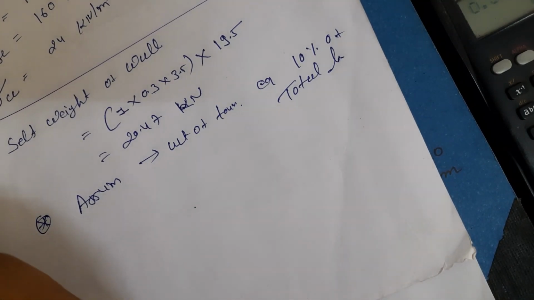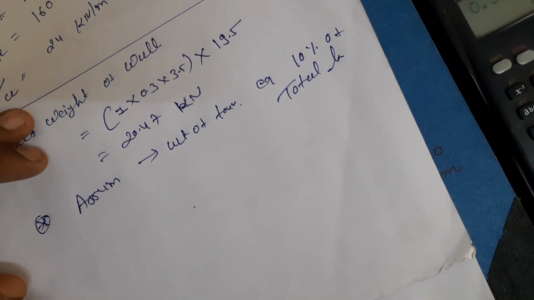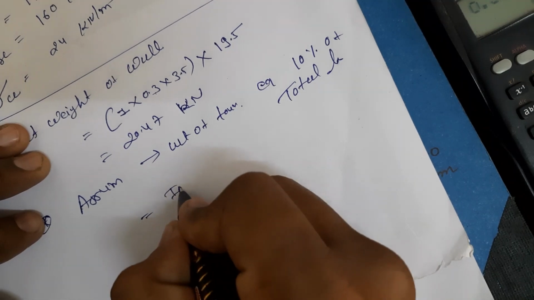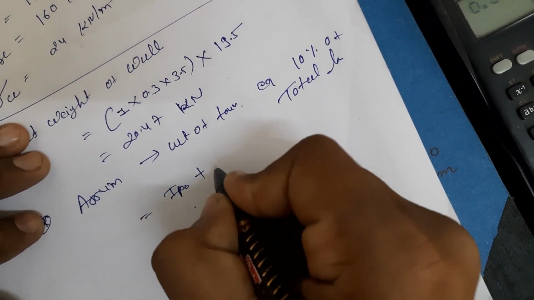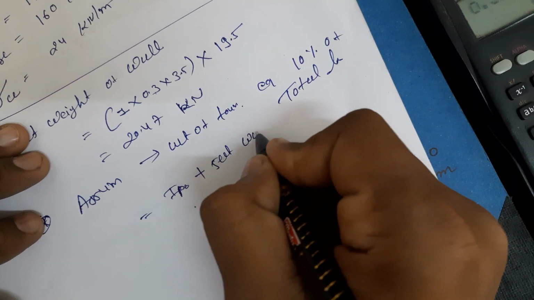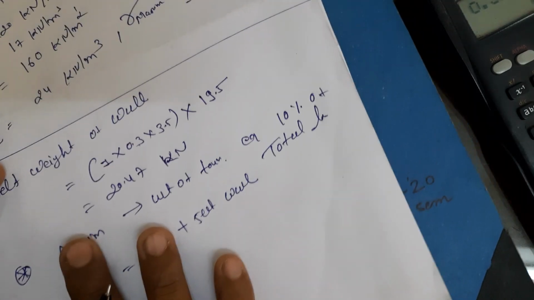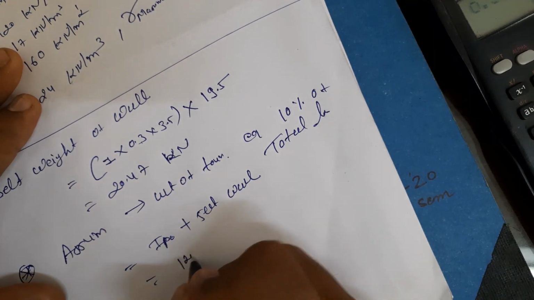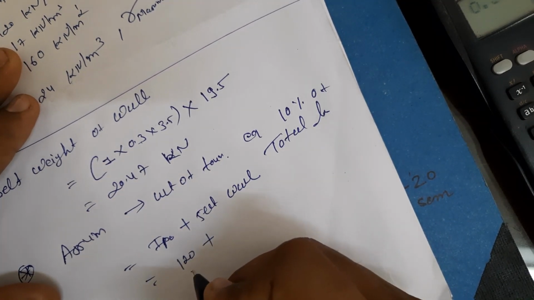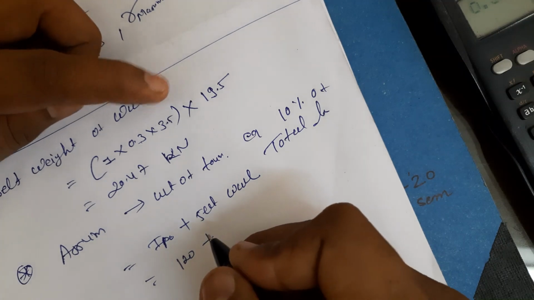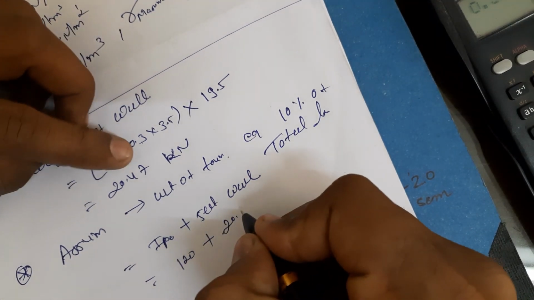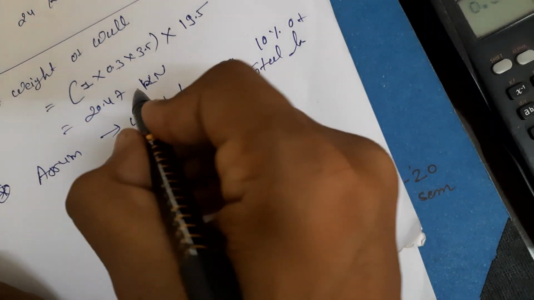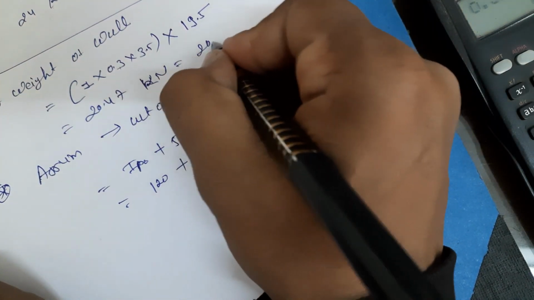So we first need to calculate that total load: the superimposed load, 120 kilonewton, plus the self weight of the wall, 20.47, or you can write 20.5.